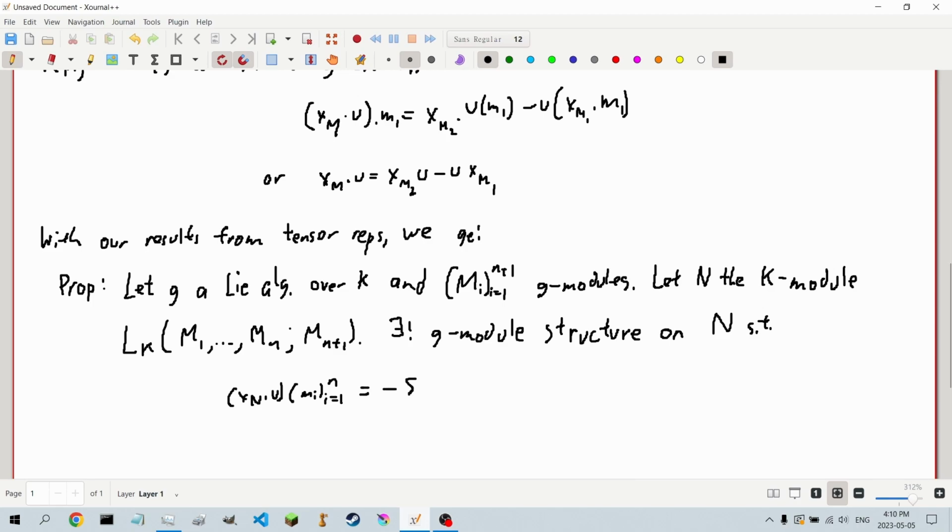It's equal to minus the sum of U of M1 up to x_Mi acting on Mi up through Mn plus x_M(n+1) acting on U of our vector of M1 through Mn.